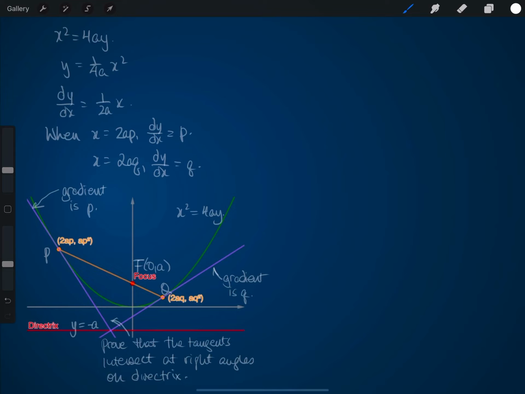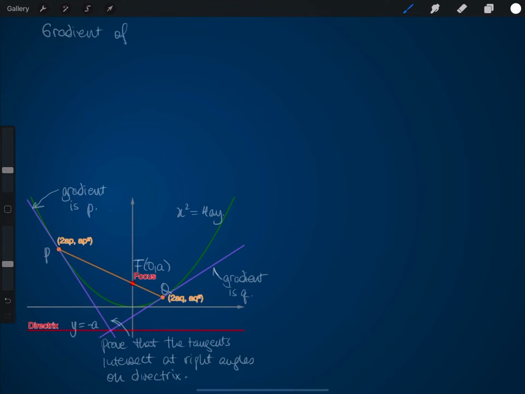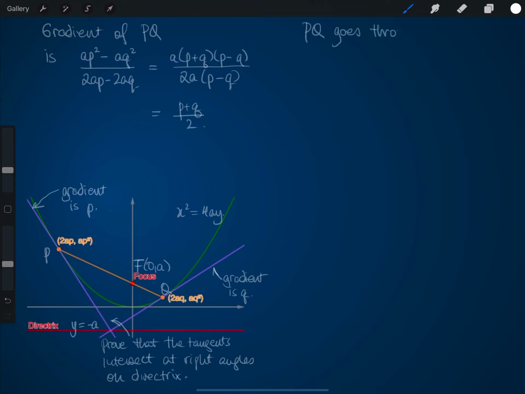And here we know that PQ is a focal chord. So let's work out the equation of the line PQ. And we'll start with its gradient, which is just rise over run, right? And so let's tidy that up a bit. And there we have it. The gradient of PQ is (p plus q) all over 2. And now we know that the focal chord goes through the focus, which is (0, a).